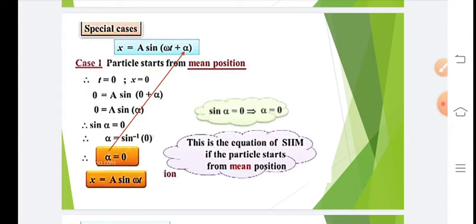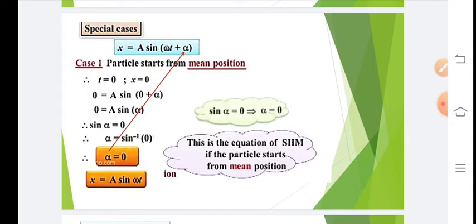At this position, the time is 0 and x is equal to 0. Therefore, if we put this value in this equation, then 0 is equal to a sine of omega t plus alpha. t is 0, therefore omega t is equal to 0.